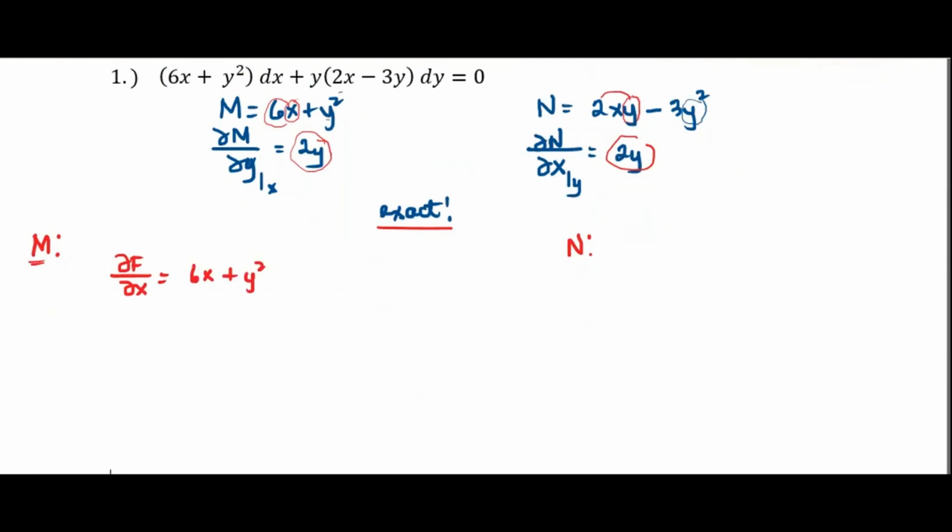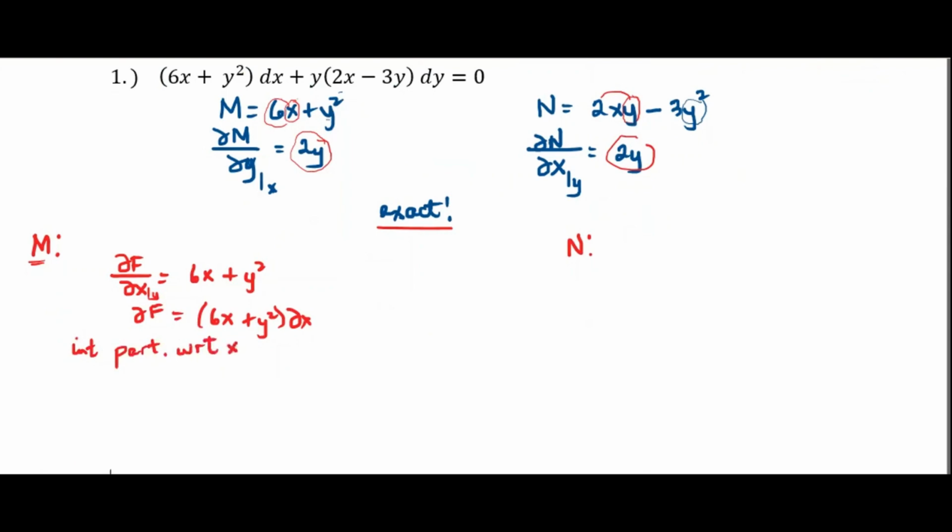If I cross multiply, you will have 6x plus y squared partial of x. Take note that dito, I will treat y as a constant. And therefore, I will now integrate partially with respect to x.